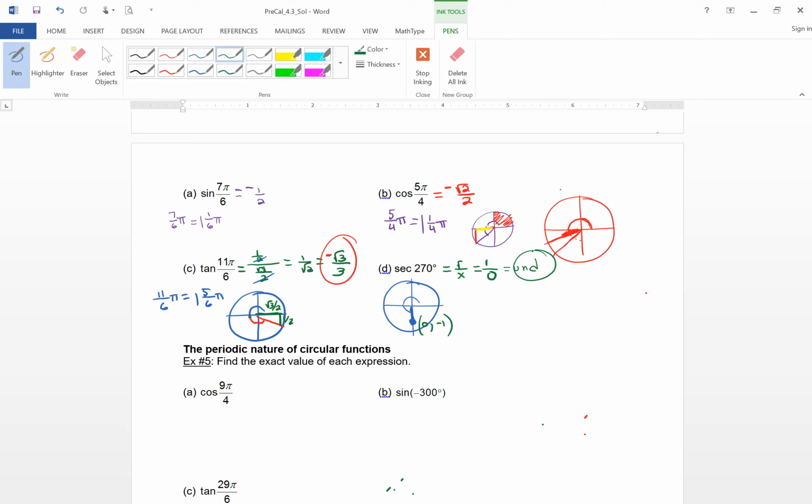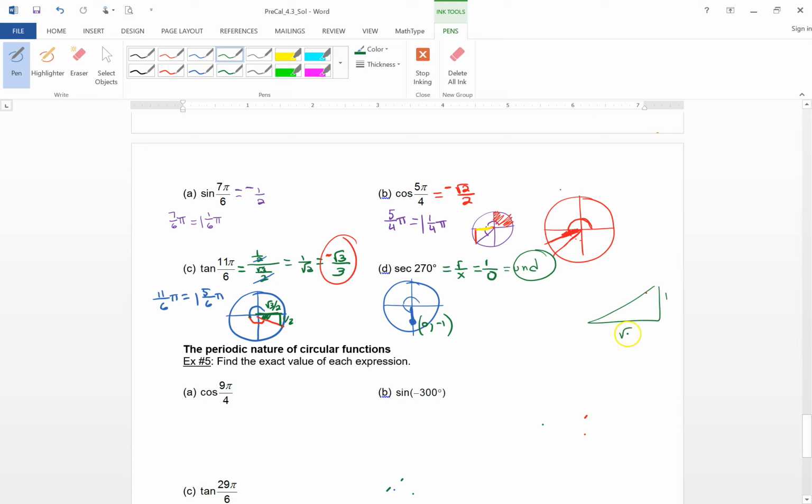Okay, so now the reference angle is pi over 6, which is like your 30 degree. That means the legs of the triangle are either 1/2 or root 3 over 2. Right, but remember we divided everything by 2.